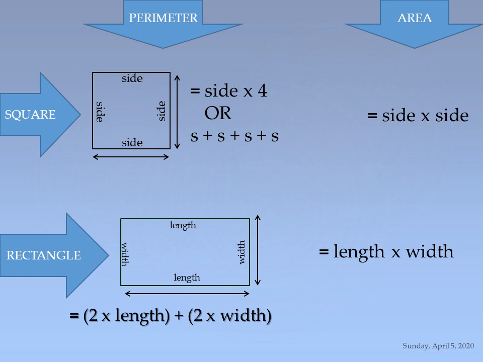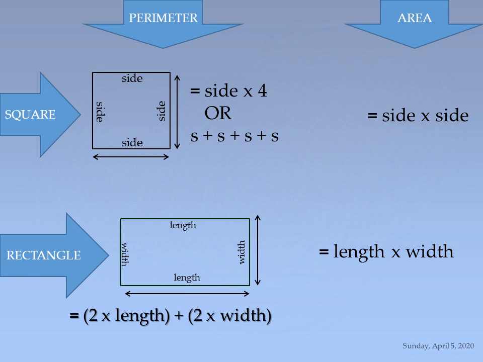The area of a square will be 4 multiplied by 4, because 4 is one side and we know that we have 4 sides of a square. Okay, so 4 times 4 is 16 square centimeters. Remember, this is area.